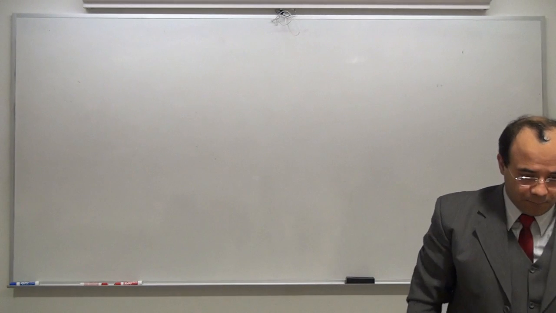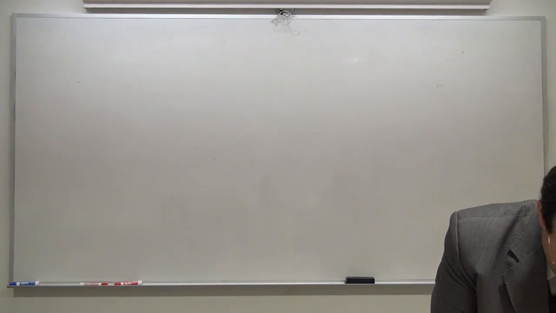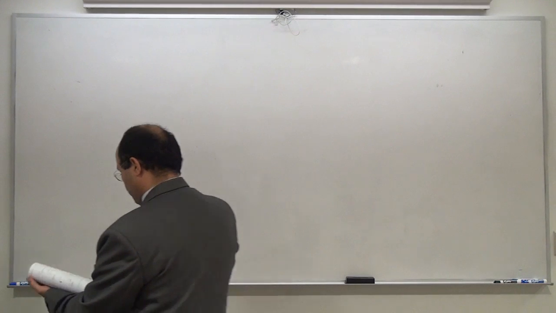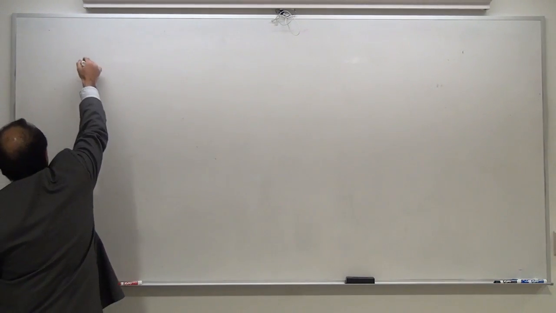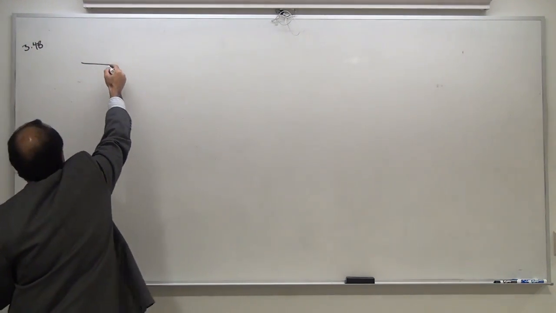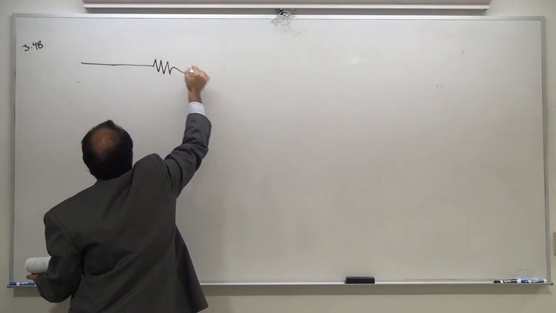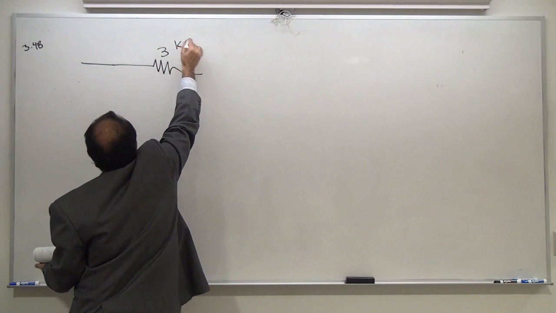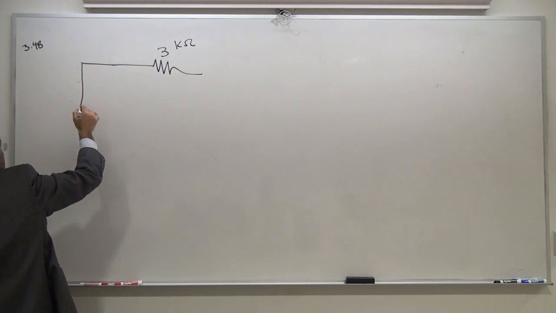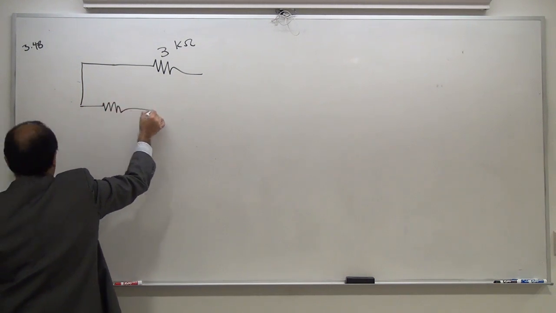I'm just going to pick up question number 348. Everything is in kilo ohm. Kilo means 1000, and the inverse of that, when I want to find the currents, I remember it's going to be milliamp.